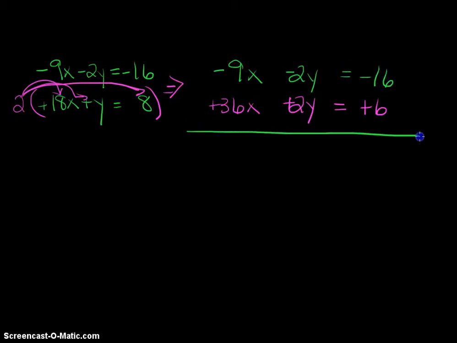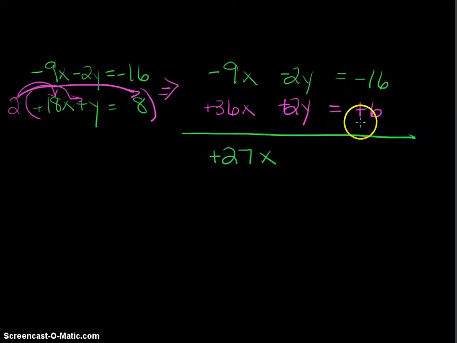And then solve. Alright, so I've got 36 minus 9, okay, and that equals a positive 27x. And oh my god. Okay, guys, I just totally caught myself in the middle of a mistake, and I just hit pause for like 2 minutes and tried to figure out what am I doing wrong here, because I should be getting the right answer.